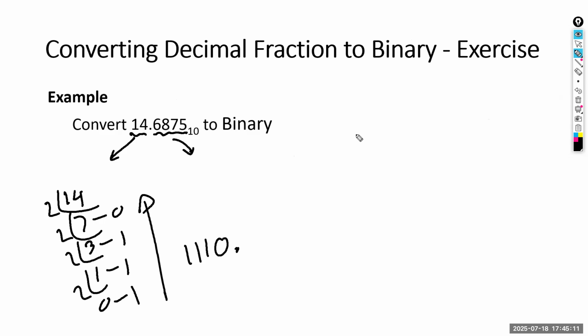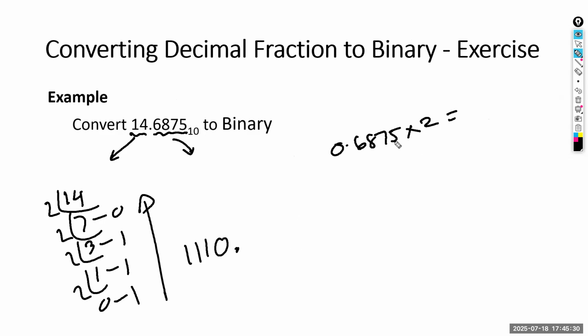Now we take the other part, the fraction part, 0.6875. You keep multiplying by 2 until you get 0 for the decimal part, or until you feel you have enough accuracy. If you don't get 0, you can stop and say that this is approximately this.